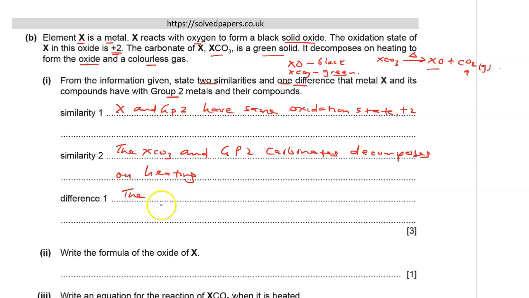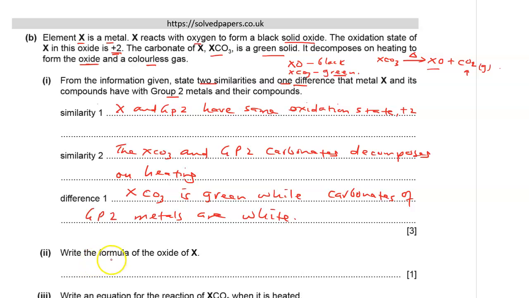So I can just basically write that the carbonate of X is green, while carbonates of group 2 metals are white.